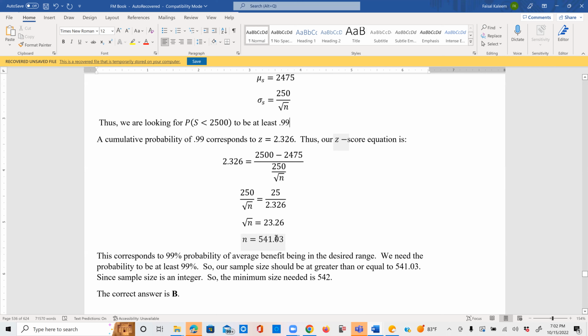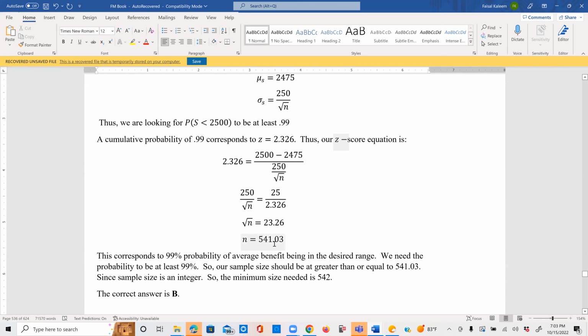The calculations are showing that a sample size of 541.03 will give us 99% probability. A greater sample size will actually give us even more probability of having what we want.